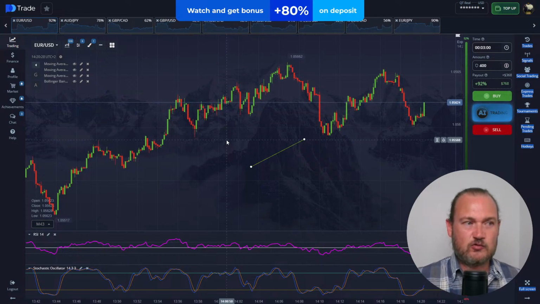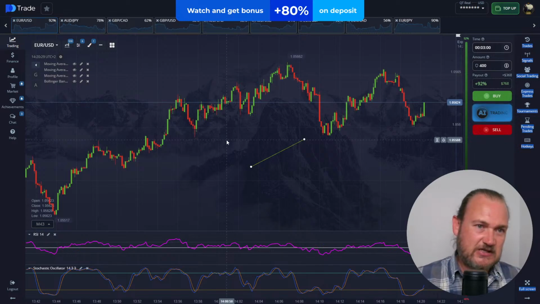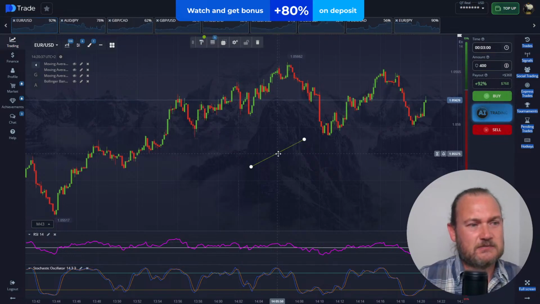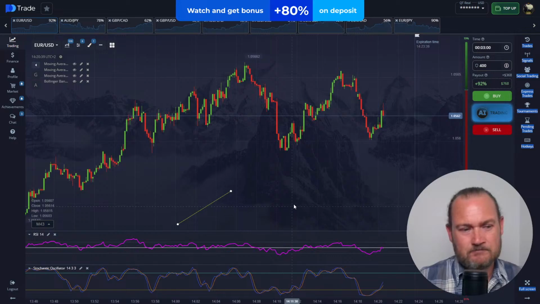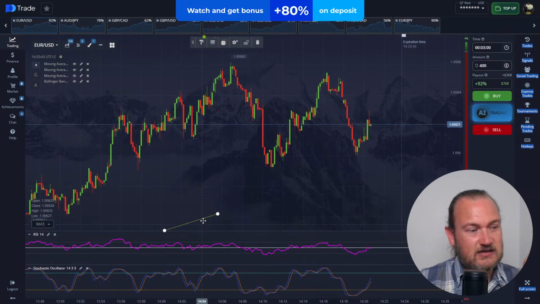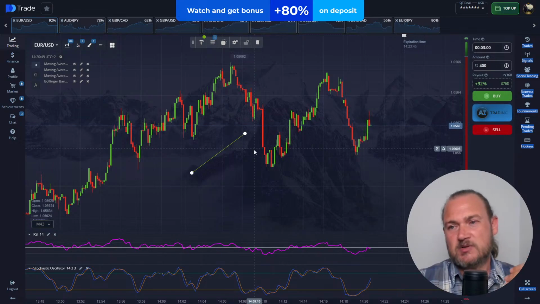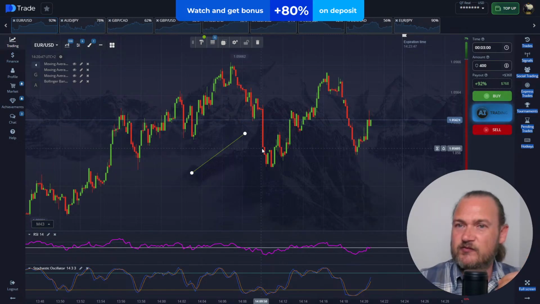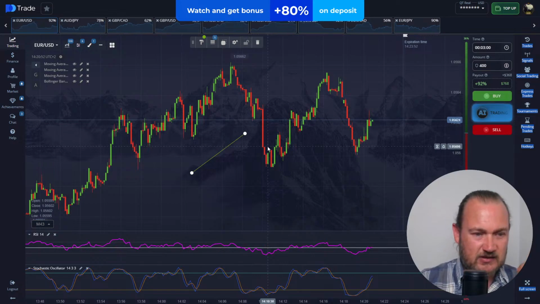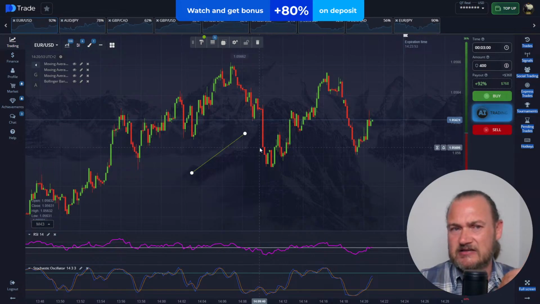Okay, so it's a skill we need to practice. We need to refine the skill, and this will take time. This will take some effort. It doesn't come by itself. So it's very crucial we remember, please, anything you learn anywhere, please test it and practice it before you apply it with real money.